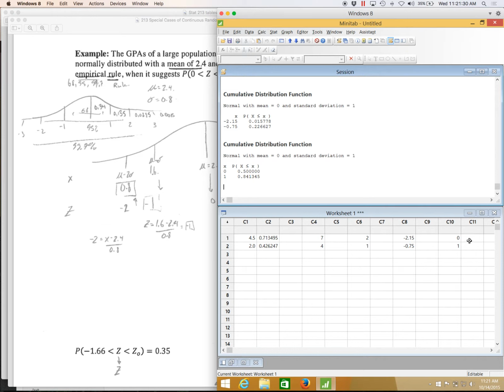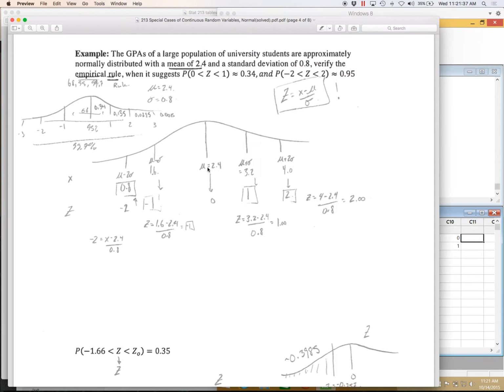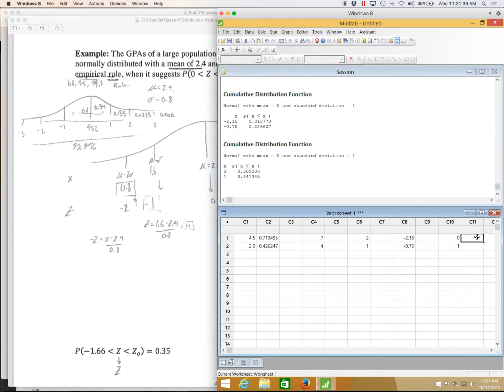I want to show you that if I talk about the scale of this being in between here, 0, in the other scale it is called 2.4. 2.4 is the average. And here, in between 2.4 and 3.2.